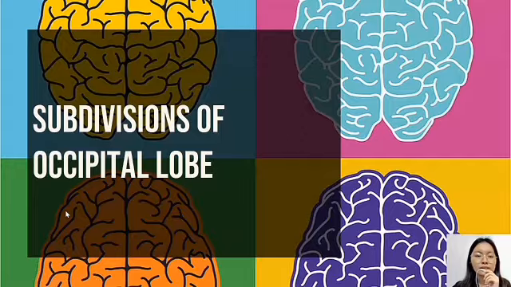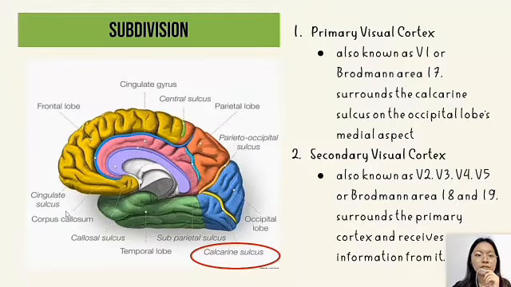Next, the subdivisions of the occipital lobe. The subdivision consists of the primary visual cortex and the secondary visual cortex.